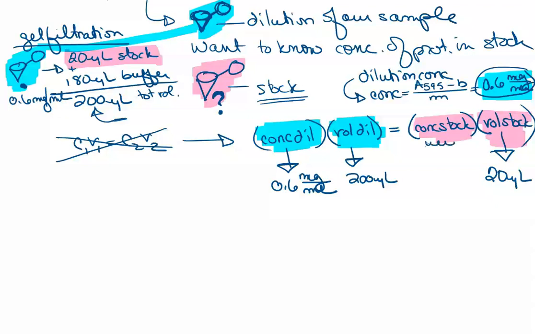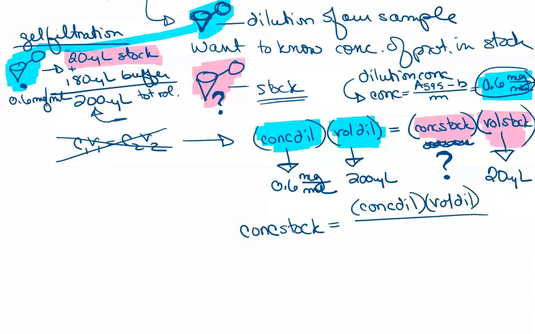That means the concentration of the stock is our unknown. So to figure out what this is, we're going to rearrange the equation so that the concentration of the stock is equal to the concentration of the dilution times the volume of the dilution divided by the volume of the stock.